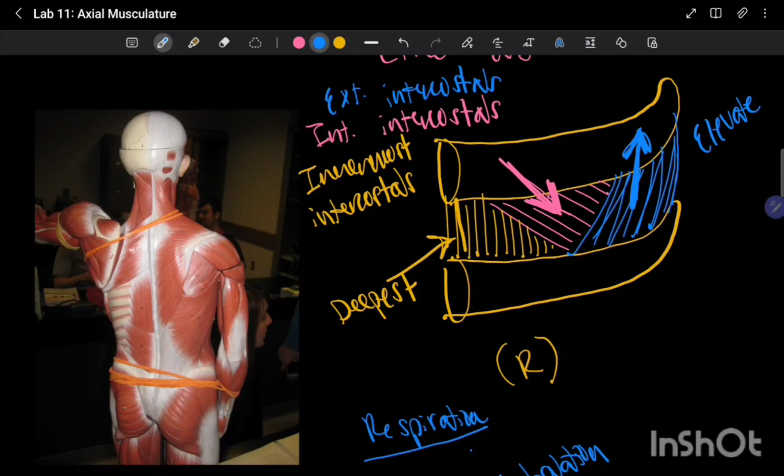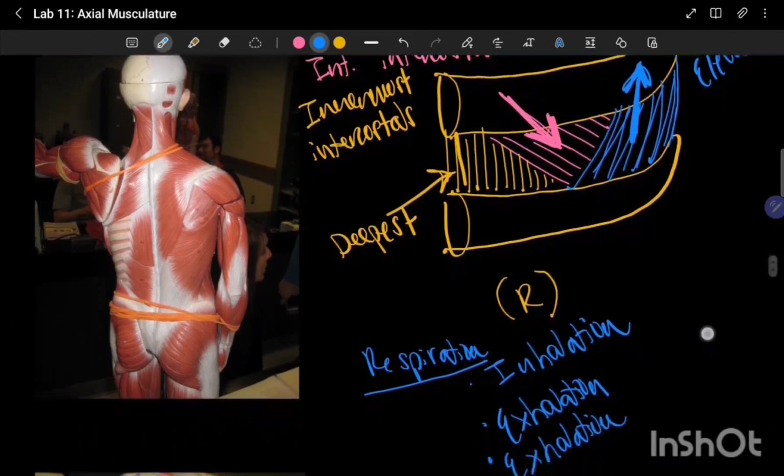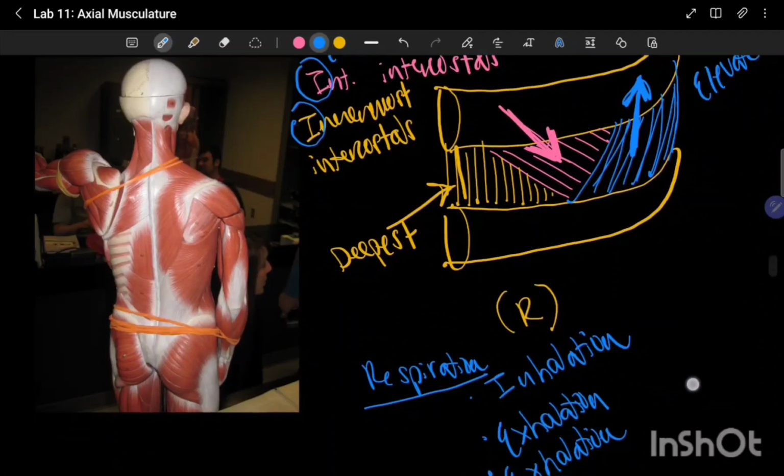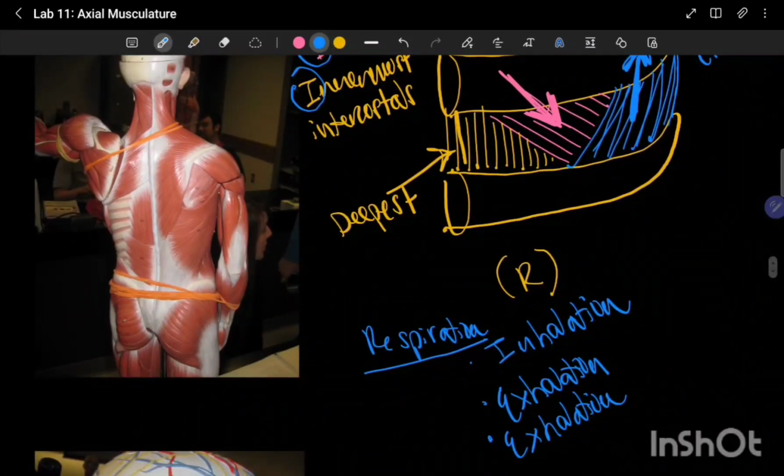So external intercostals are helping with inhalation. Wrote the wrong term there. So just to be clear, external intercostals are inhalation, internal contracting in the opposite way, so that's going to be exhalation. So both of our muscles that start with an I here, internal intercostals and innermost intercostals, are going to help with exhalation. So I just got those mixed up.